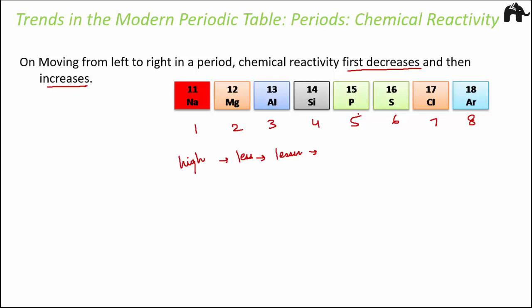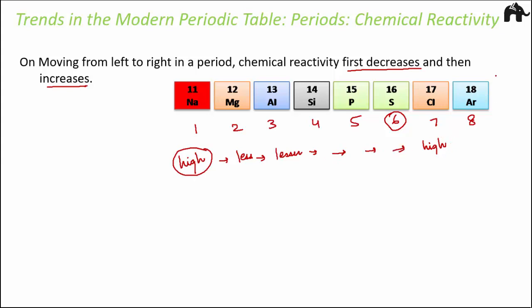So it has to gain 3 more electrons, which is difficult. But as we move towards sulfur, it needs only 2 more electrons. So it is again easier to get 2 electrons. Again, as we go to chlorine, it needs just 1 electron. So very easily it will get that 1 electron. So here again the reactivity is very high. So we see that initially it was high, then it gradually reduced, and then again it gradually increased.